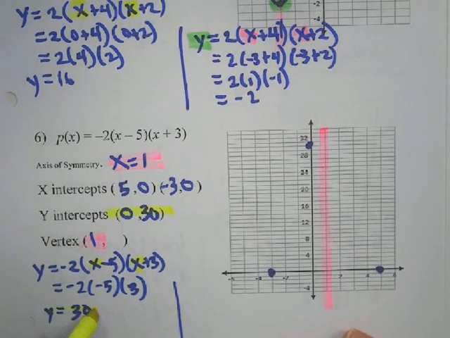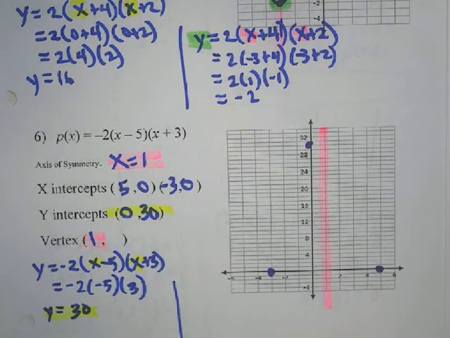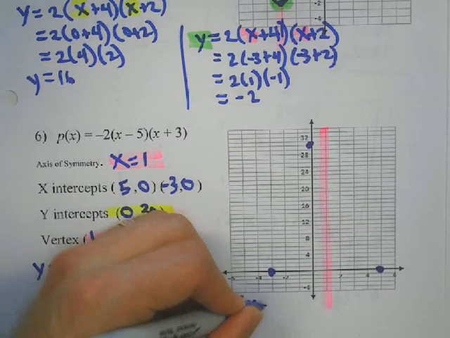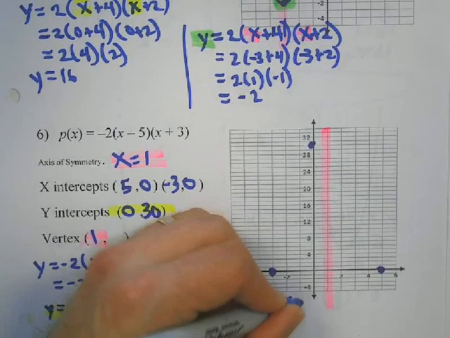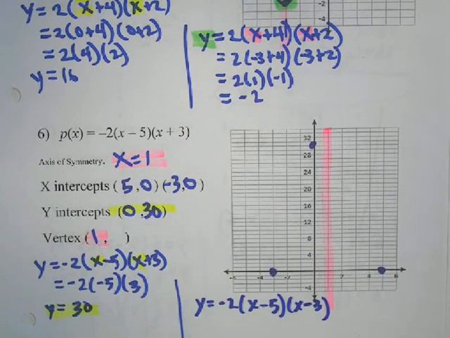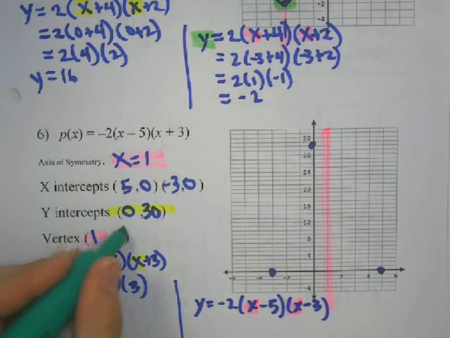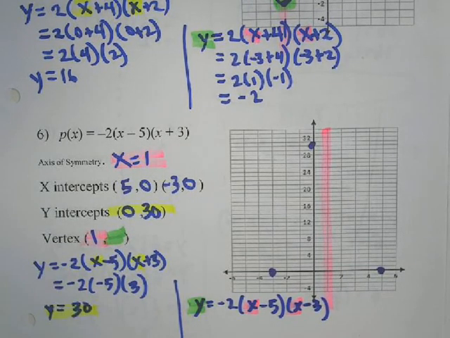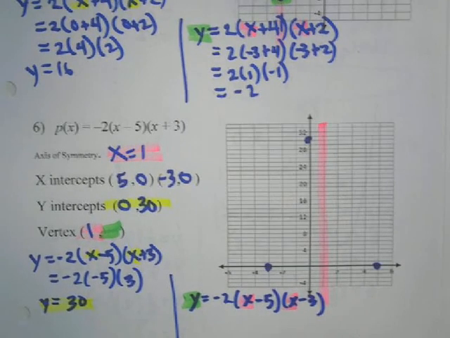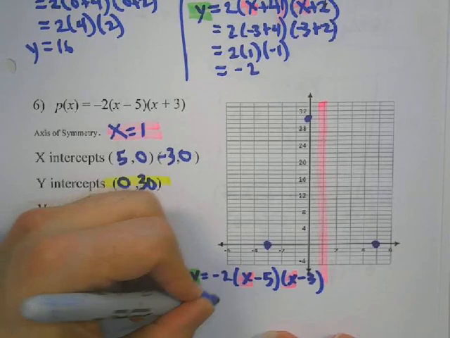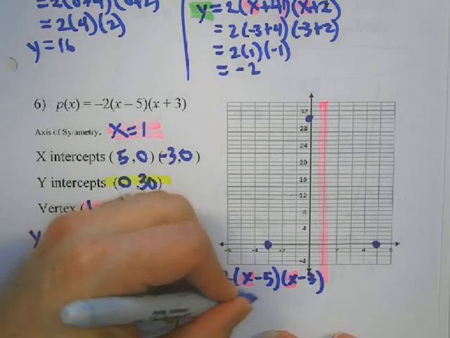we've got y equals negative 2 times x minus 5, x plus 3. We're going to replace x with 1, and that's going to get us the y value of the vertex. So we're going to get negative 2 times 1 minus 5 times 1 plus 3.